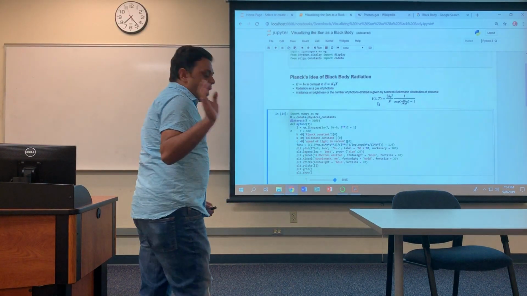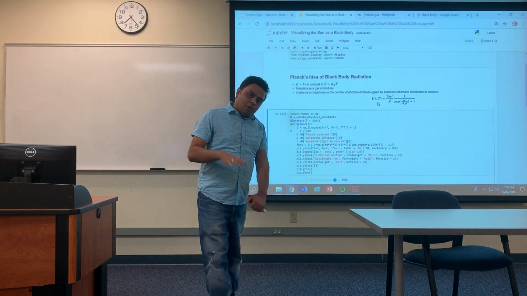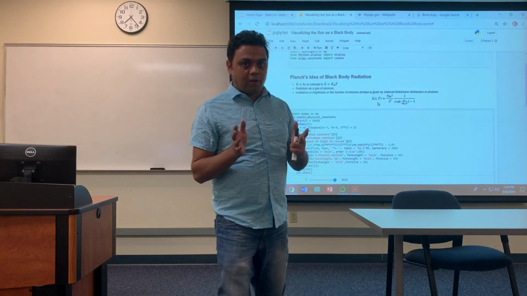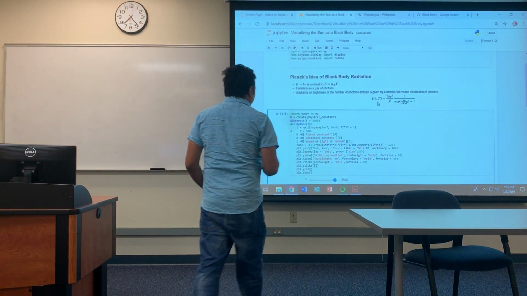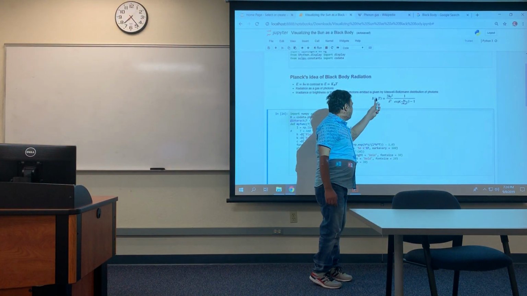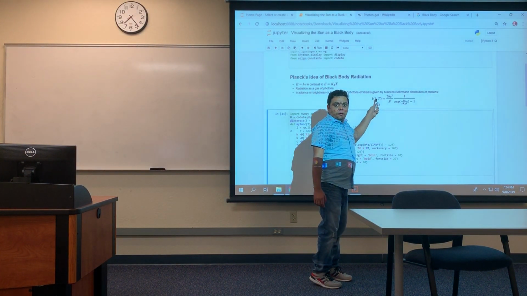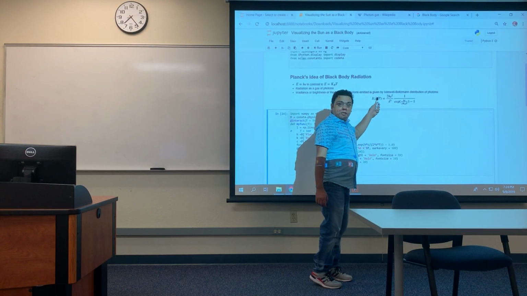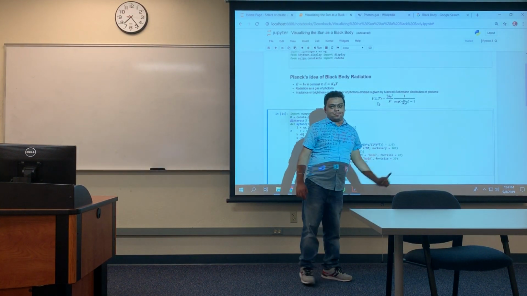So an ideal black body emits and absorbs every radiation that's falling on it, right? So the irradiance of the black body, which is emitting photons with wavelength lambda and at temperature T, is given by this complex function, right?